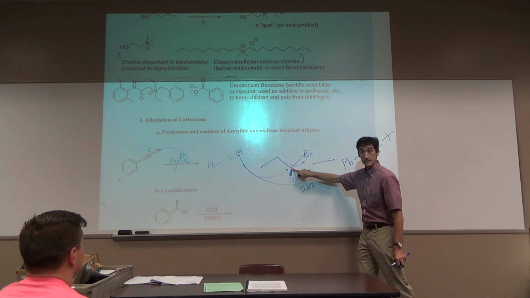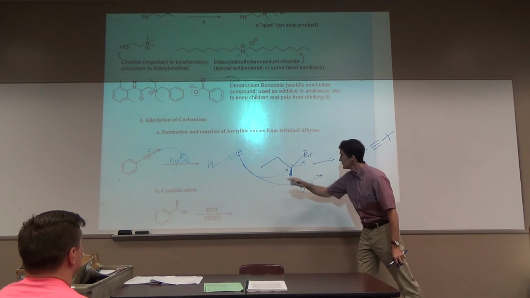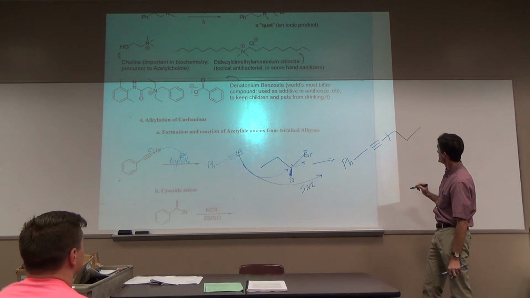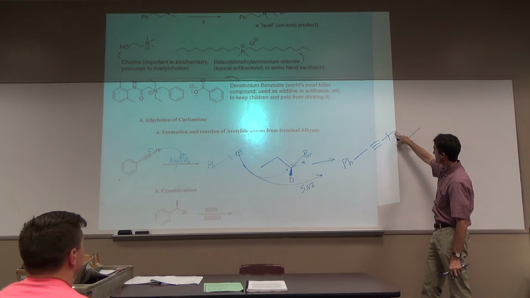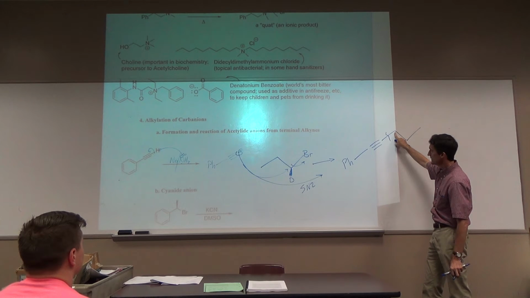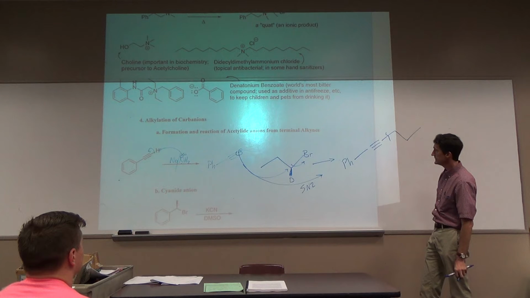And that carbon's got a D. The one we're making a bond to has a D. And then it has the other two carbons. Okay, there's a D on this carbon that this thing made a bond to. Here's the bond that was made. Used to be a bromine here, but now it's that there. You've got to draw the D.